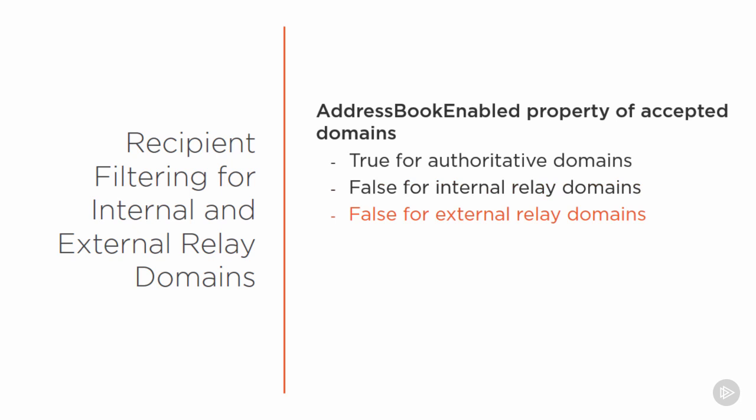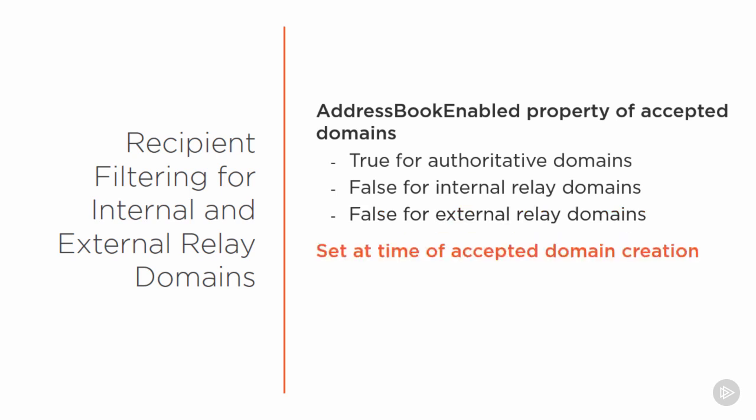The reason for that is because recipients for internal or external relay domains that are not part of the local Exchange organization will not be able to synchronize any recipient data as part of the Edge Sync process. In other words, the Edge Transport server won't know about them, so it will treat them as non-existent recipients, when in actual fact they exist in the other organization that is sharing that namespace.